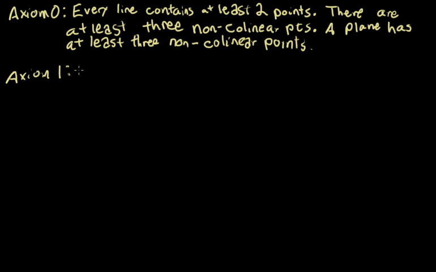So axiom number 1, this axiom luckily has a name. It's called the point line incidence axiom. A lot of times I'll just refer to this as point line incidence. Point line incidence says that if you're given any 2 points, there's exactly 1 line containing them.